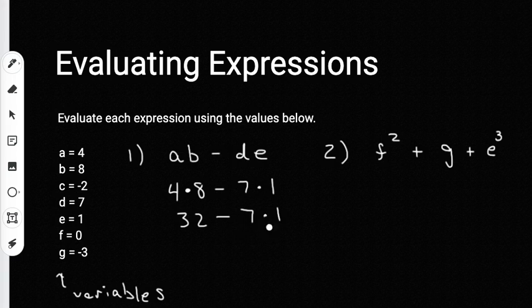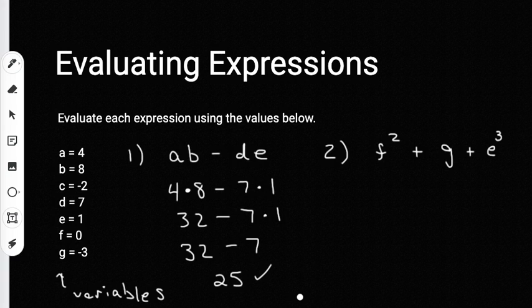This negative 7 times 1 is going to give me negative 7, so I'm going to have 32 minus 7. So then the last thing I'm going to do is subtract 32 and 7, and that's going to give me 25. And that'll be my answer. So what we're doing is substituting numbers for letters.